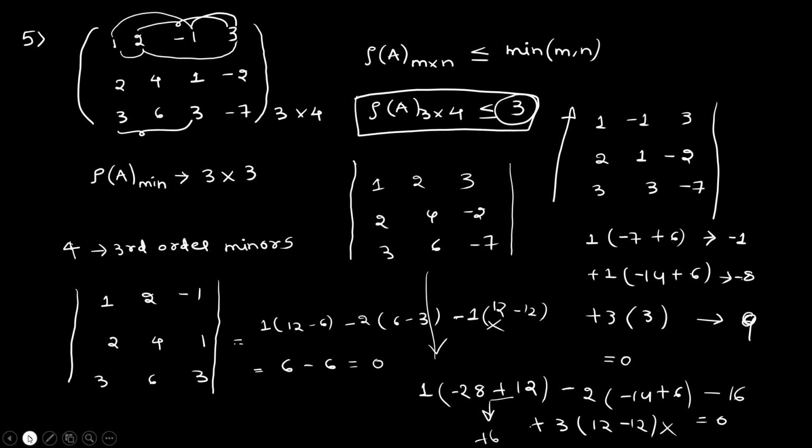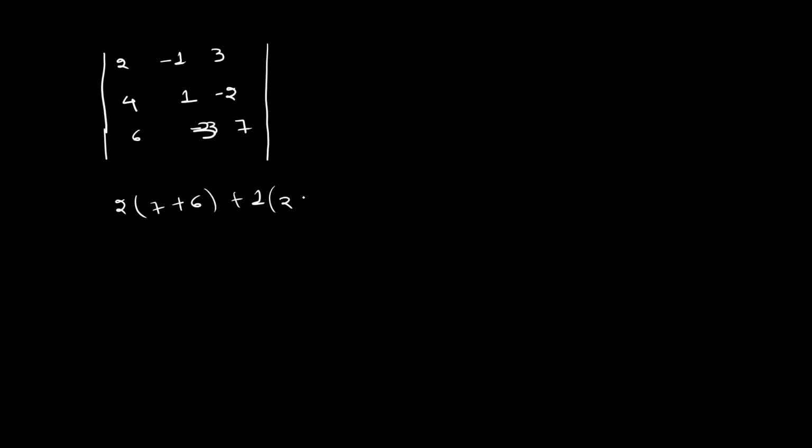Okay, let me do it in the next slide. The last one is 2 minus 1 3, 4 1 minus 2, 6 3 minus 7.